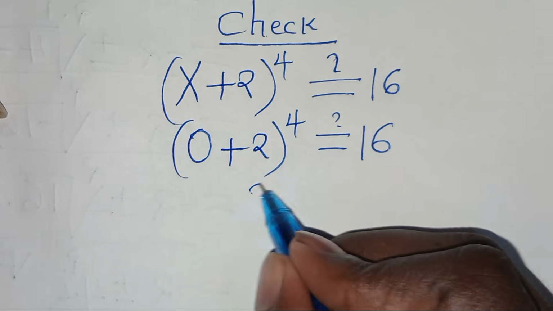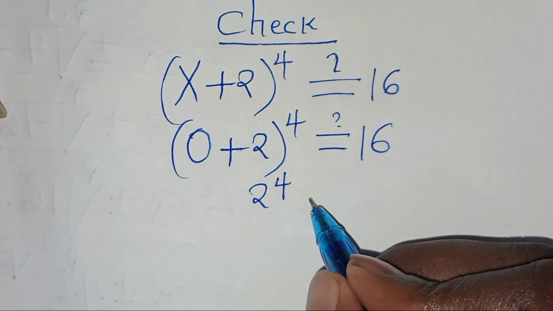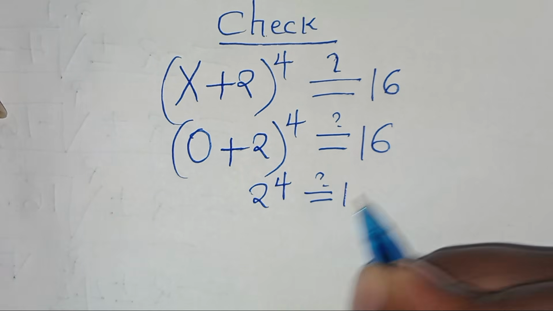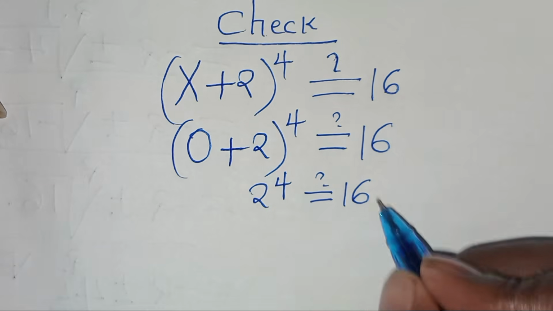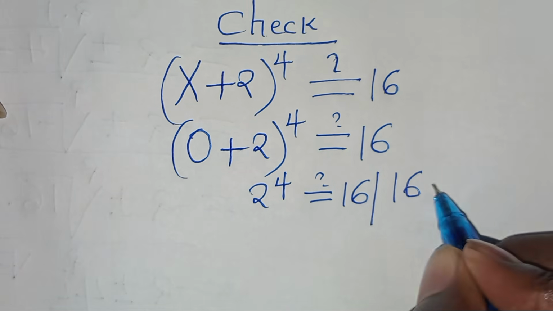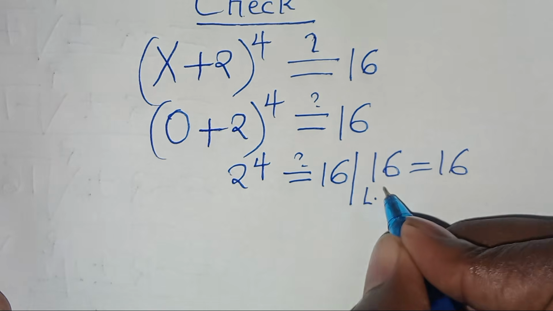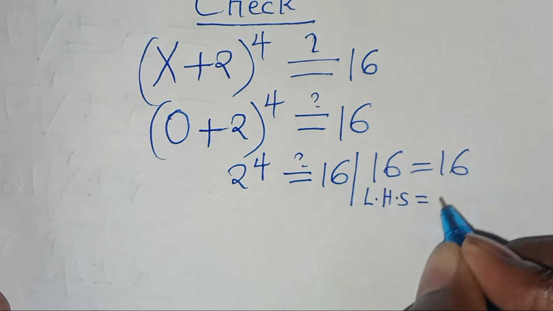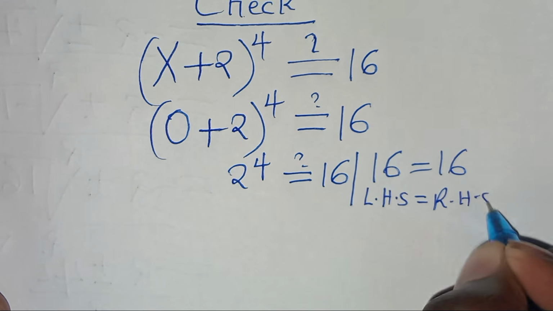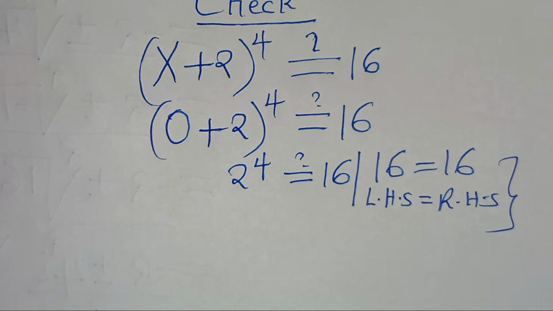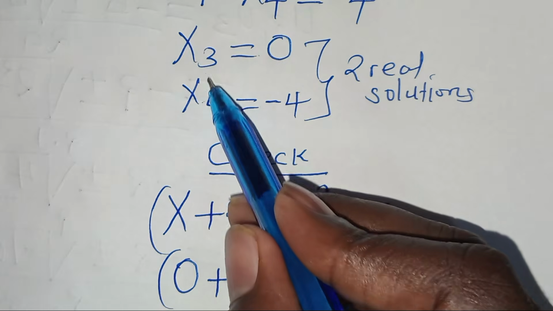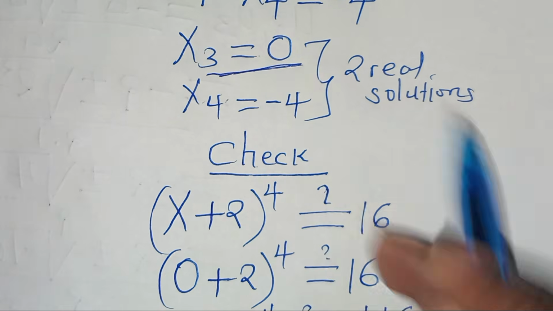So here we have 2^4, and 2^4 is 16. So 16 is equal to 16, which implies that the left hand side is equal to the right hand side, and x3 satisfies the equation.